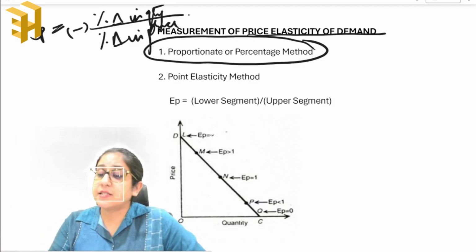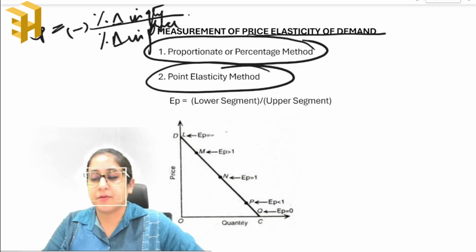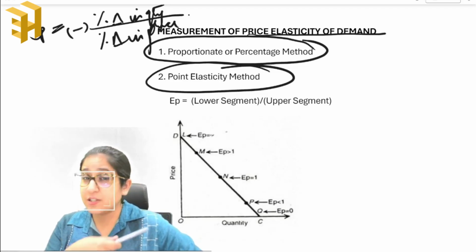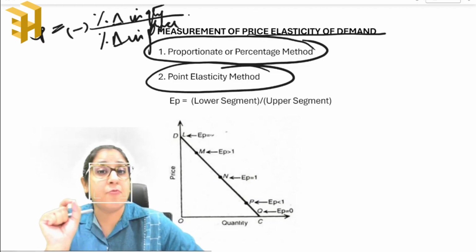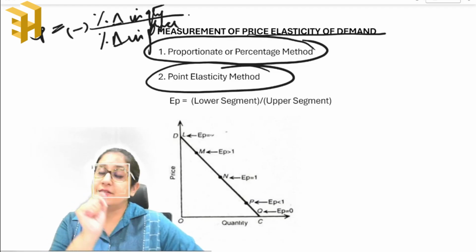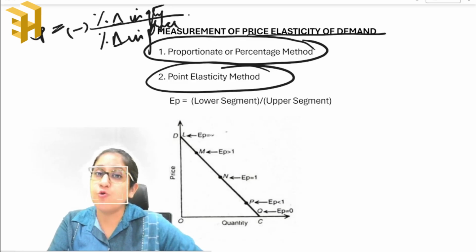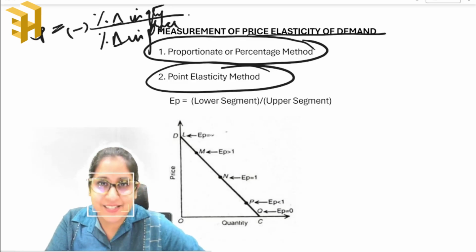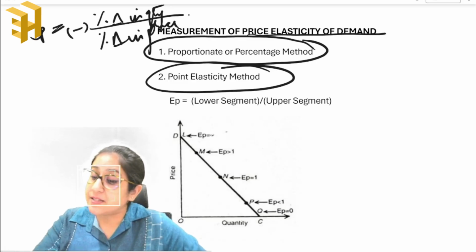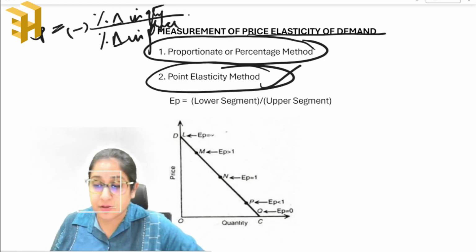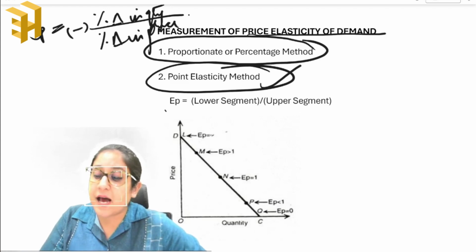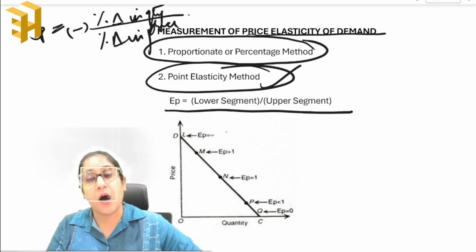Next is the point elasticity method. Just now we said that rectangular hyperbola is the only way of representing price elasticity equal to 1, a unitary elastic. This can be represented through the point elasticity method, which is measured as lower segment upon upper segment.